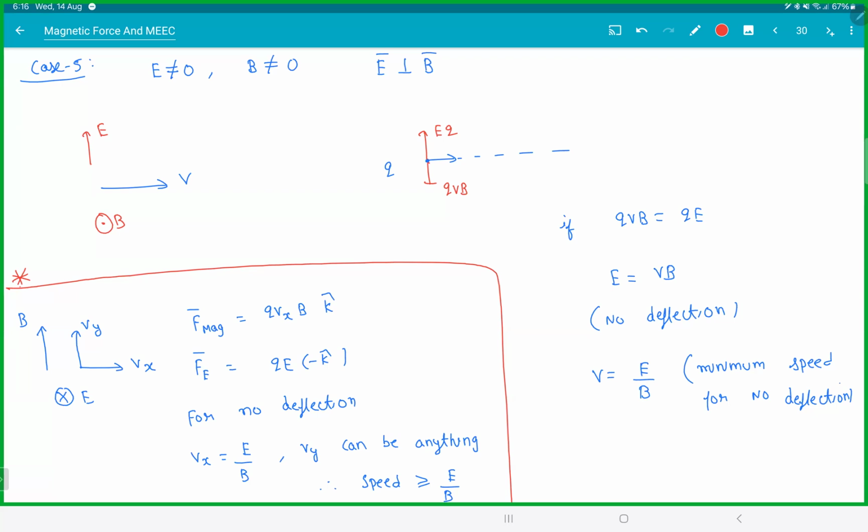Clear, everyone? Now, if you see, Vy is parallel to B, so the magnetic field will do nothing, and Vy is perpendicular to E, so E also will do nothing.